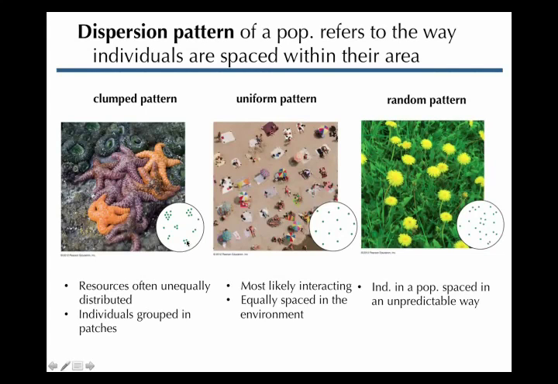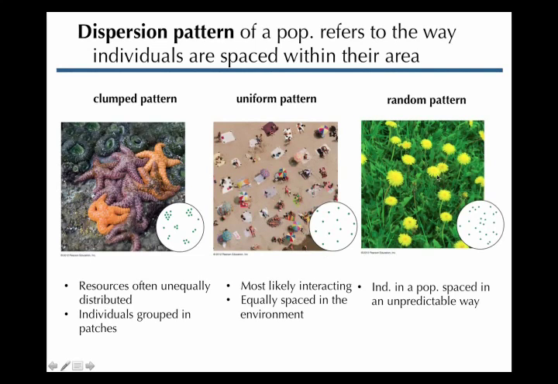So if you can look at the pattern of dispersion, you can maybe tell some information about the environment. Here is a picture of a beach, and you can see the people are pretty much evenly spread out, and that's what uniform pattern dispersion is. Usually they're interacting with the other organisms, and so they have their own little domains.